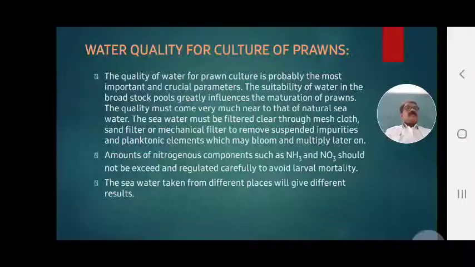The contents found in natural sea water, that is salinity, temperature, pH, turbidity, oxygen, carbon dioxide, all those parameters found in sea water, the culture water should have the same or similar parameters.